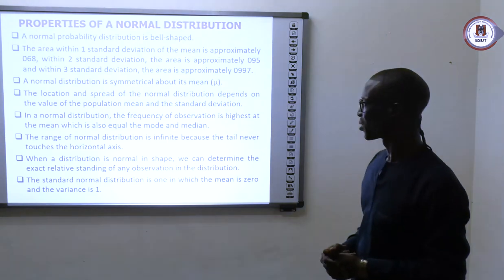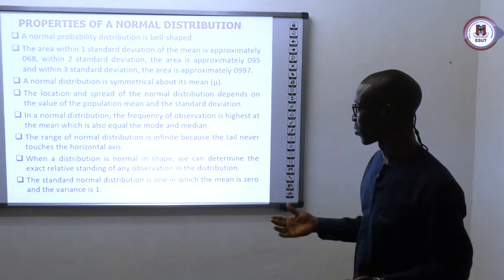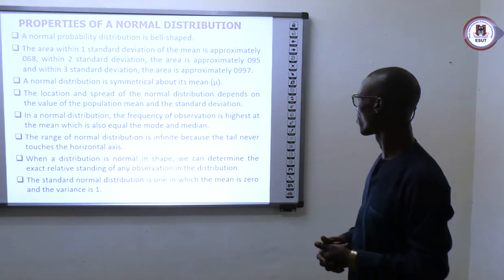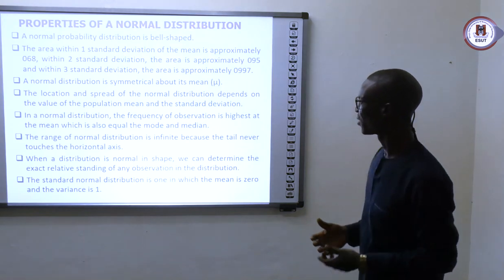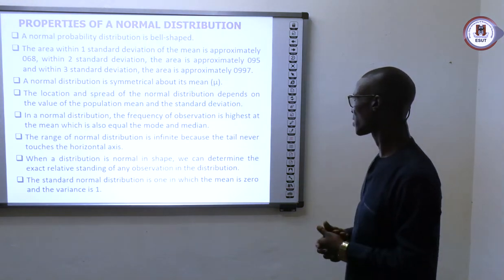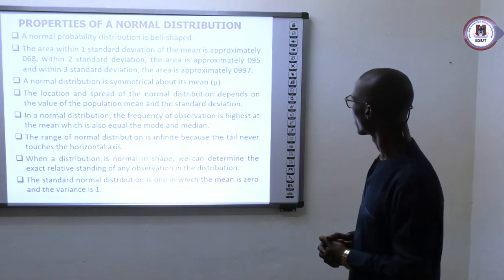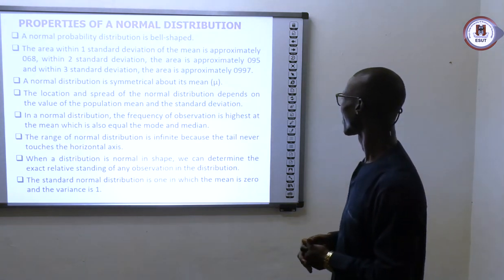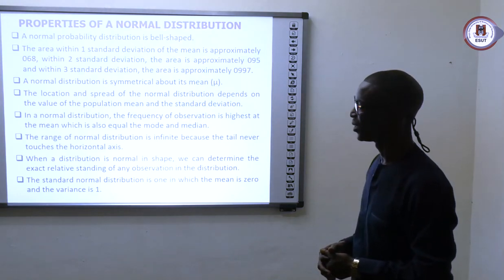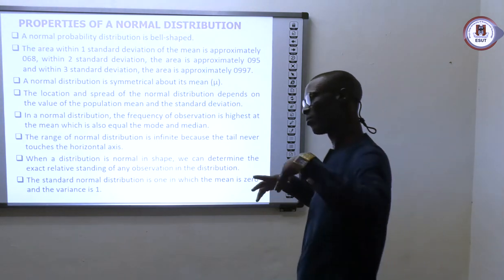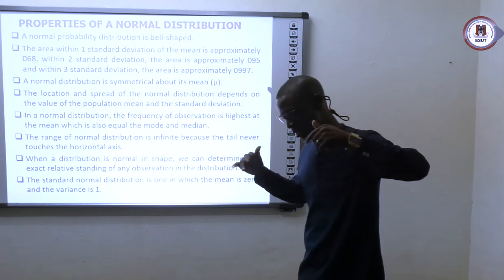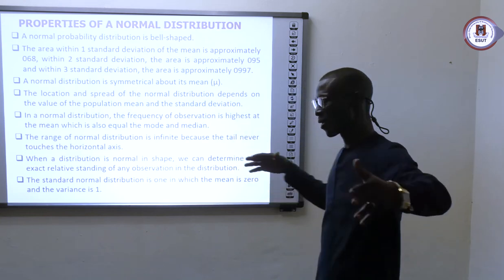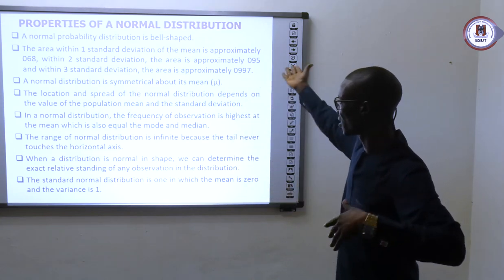Within two standard deviations, the area is 0.95, and for the third standard deviation it is about 0.997. Normally when you want to check normal distribution, it is alpha divided by 2 when you are talking of a two-tailed test. So these are the results.